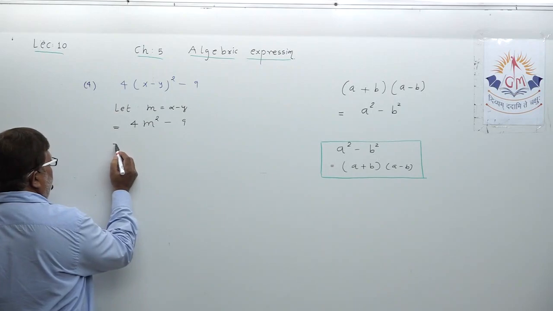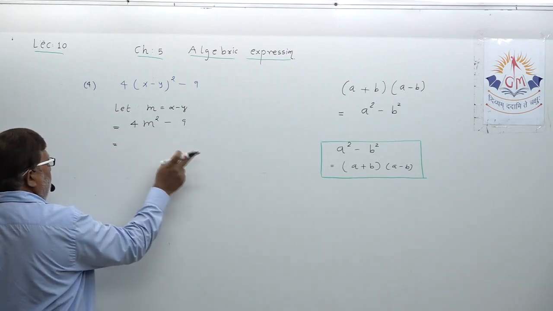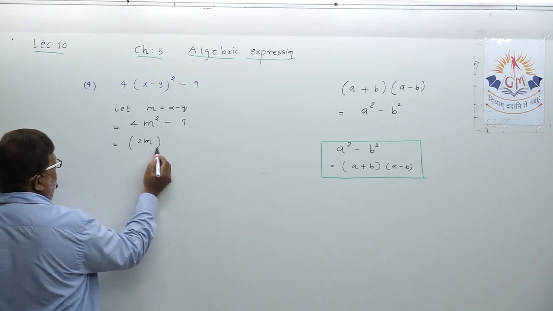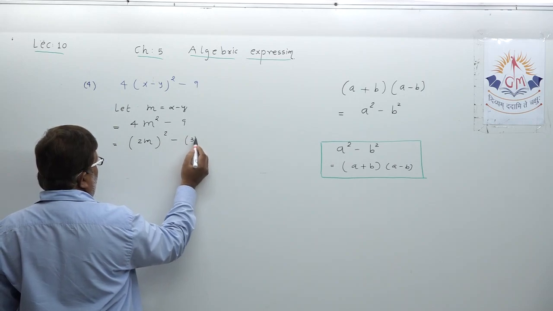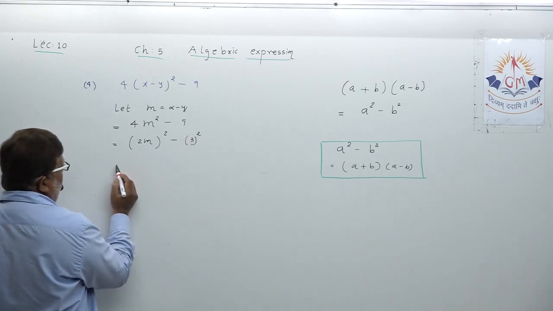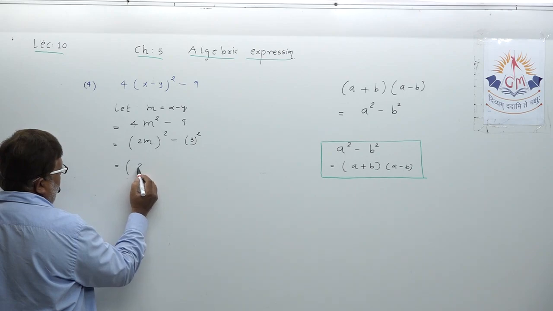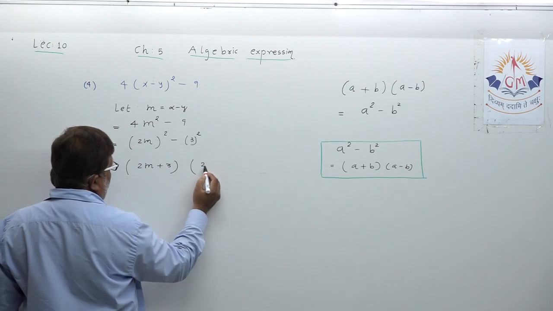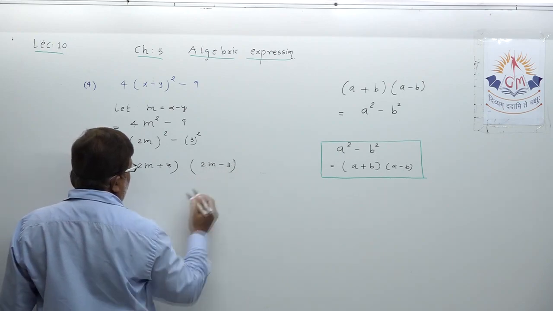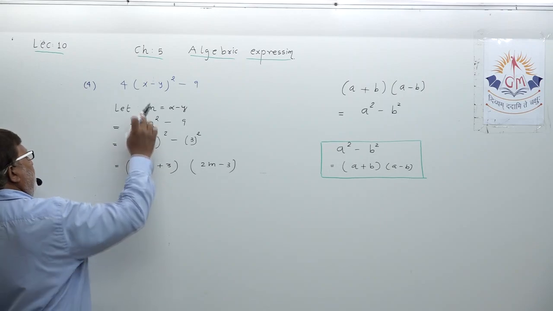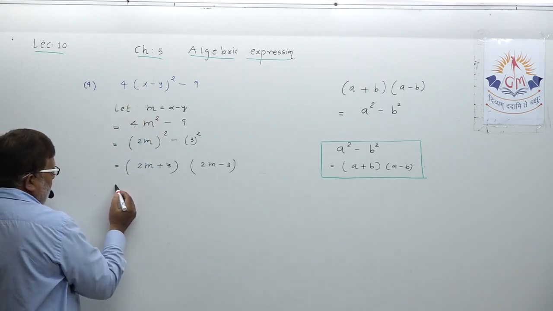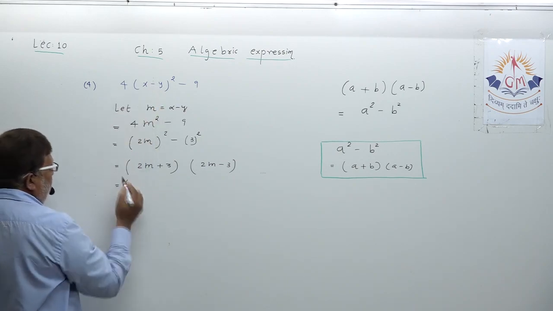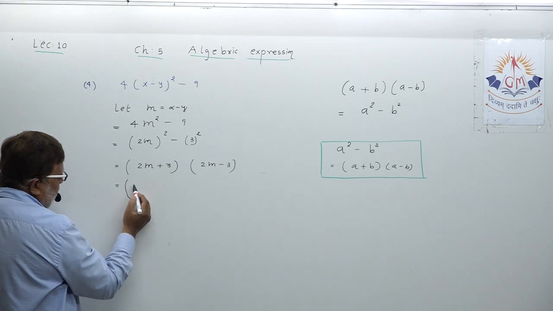Let us express this polynomial in that format. 2m whole square minus 3 whole square. Let us take 1 time plus 2m plus 3, 1 time minus 2m minus 3, but the original polynomial has x and y. So wherever there is m, you substitute x minus y. Be very conscious in this.